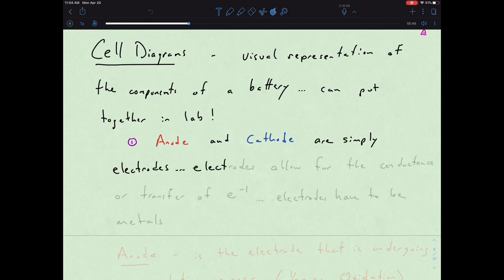And electrodes allow for the conductance or transfer of electrons. Electrodes have to be metals.